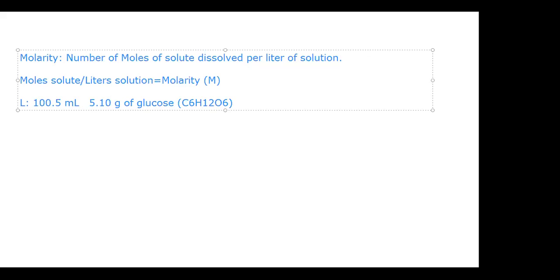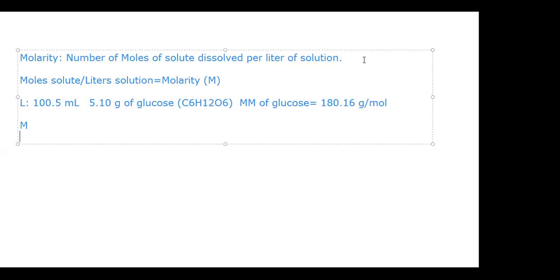All right. And then it gives us the molar mass of glucose. So molar mass of glucose is 180.16 grams per mole. Okay, so we need to find molarity. Easy enough.